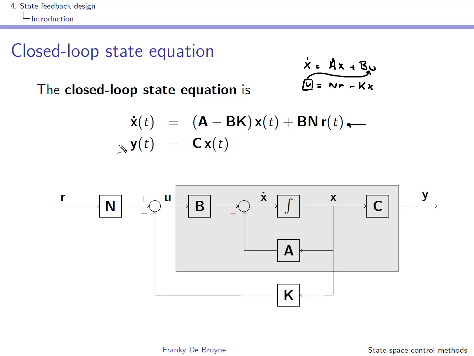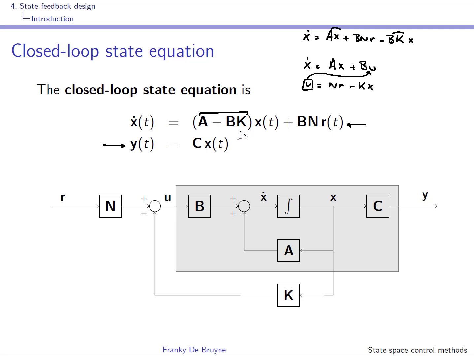The output equation will not change. So we'll have x dot is equal to Ax plus BNr minus B times Kx. So the terms in x over here, we can group them.